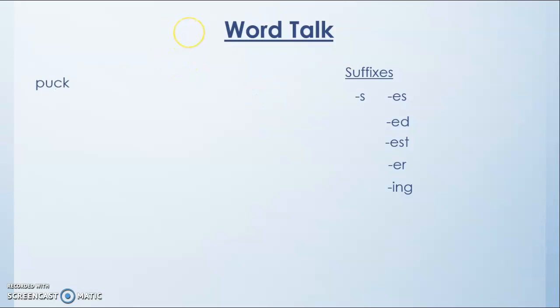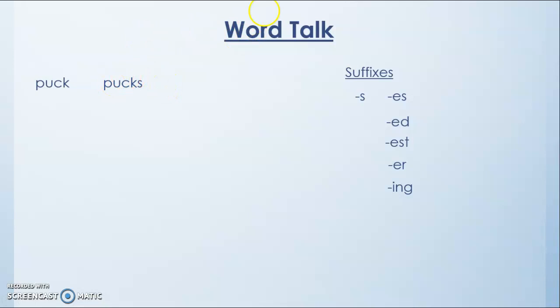First word, puck. Some of you might know, some of you might not know. It's what they use in hockey, right? You have a hockey puck. It's the black thing they hit around on the ground trying to score goals with. So if we were to add an S to the word puck, how would we say that? I would say puck, pucks, and you would repeat it.